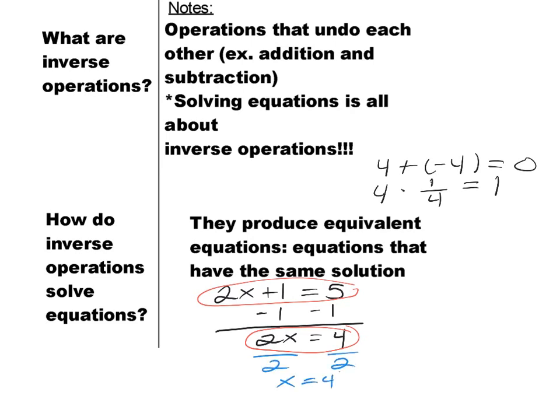This is also an equivalent equation. And then this allows me to determine what the value of my variable is. Oh yeah, sorry. x equals 2. Thank you. Long day. Questions? And then, of course, you can check that by plugging 2 back in.